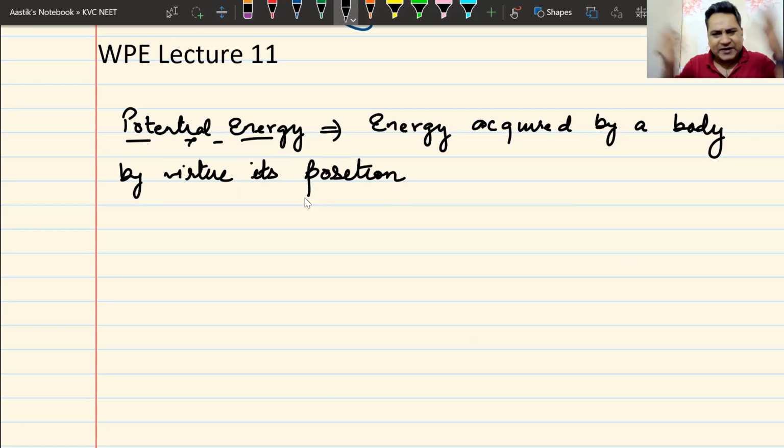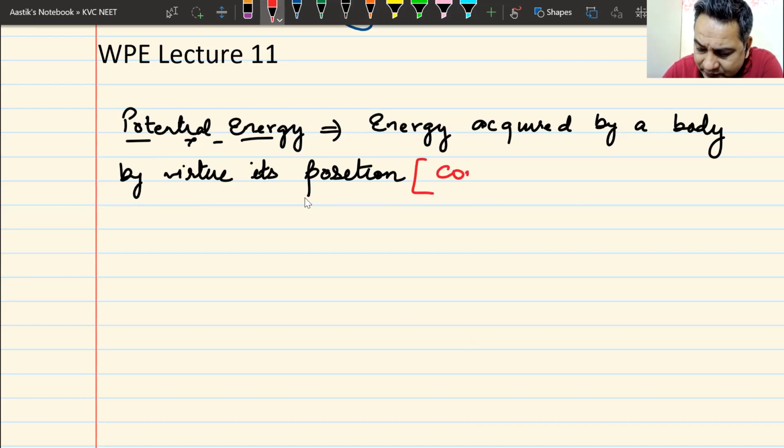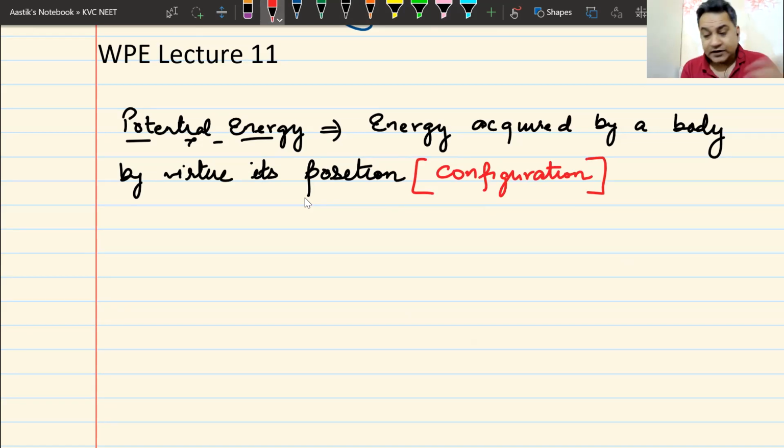It can be in space, it can be anywhere, by virtue of its position. Now, instead of using the word position, which is a very simple term, you can use another term here. I will write it in red. We can call it configuration, position or configuration. How it is arranged, where it is placed, and how it is arranged. Energy acquired by a body by virtue of its position or its configuration.